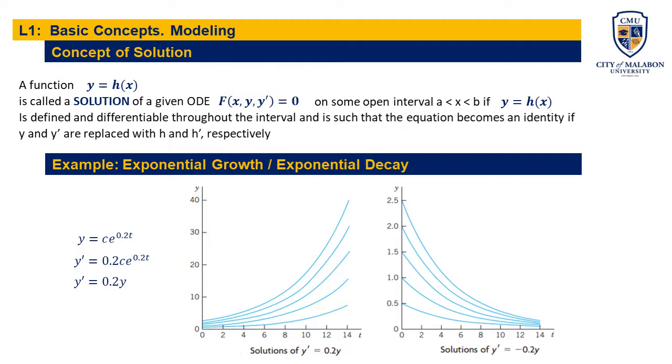So the solutions for y prime is equal to 0.2y are these lines. On the other hand, if the exponent of this given is negative, we call that exponential decay. Solving that equation with the same approach will give us this particular family of curves.